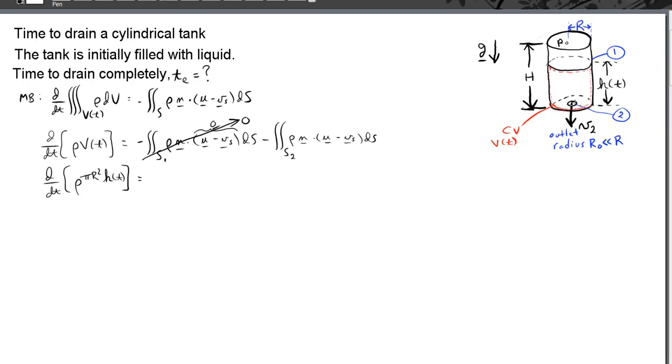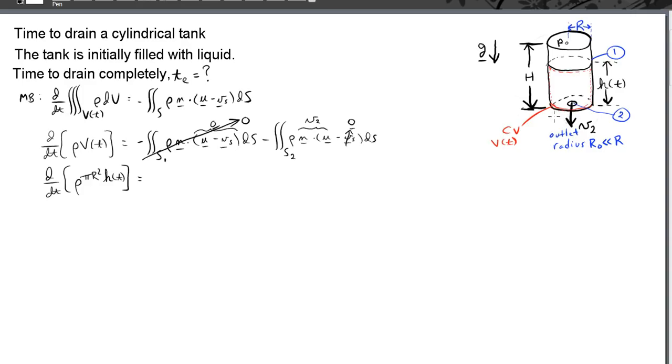Now if we look at the hole in the bottom of the tank, S2, well, that part of the control volume is not moving. So Vs is equal to 0. Moreover, N dot U we've denoted as V2 right here. And so V2 we assume to be constant over the cross-section of the hole.